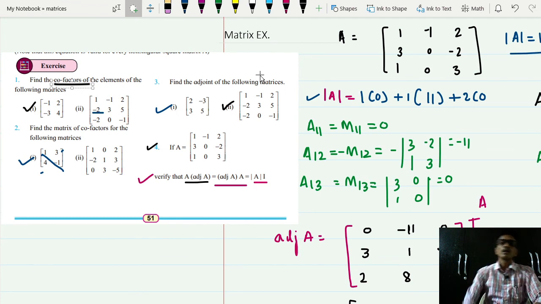In this video we did how to find minors, how to find cofactors of the elements of the matrix, then how to find the adjoint of a matrix. Then we have shown this important property that A into adjoint of A is equal to adjoint of A into A, which is equal to determinant of A into I. So thank you for watching this video.